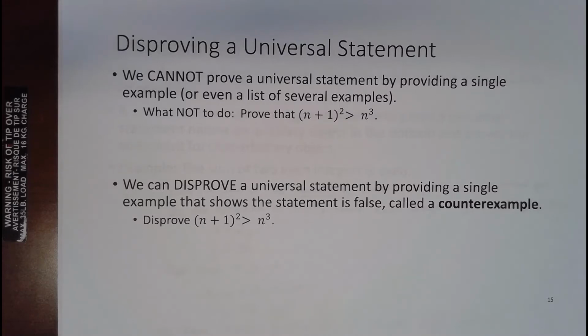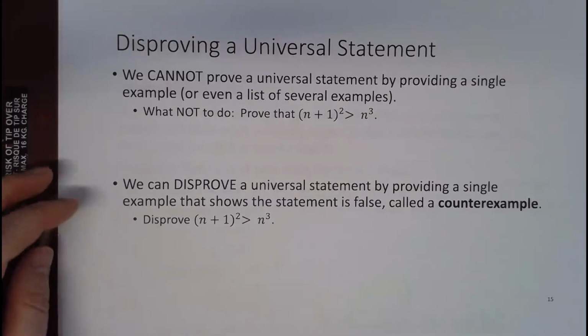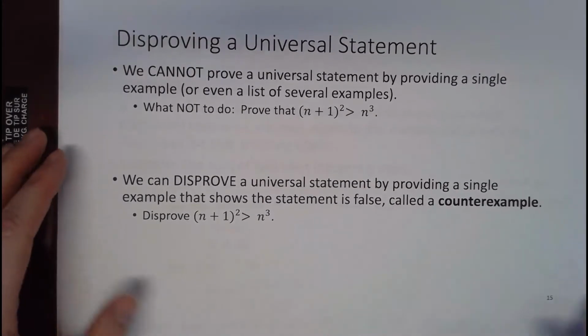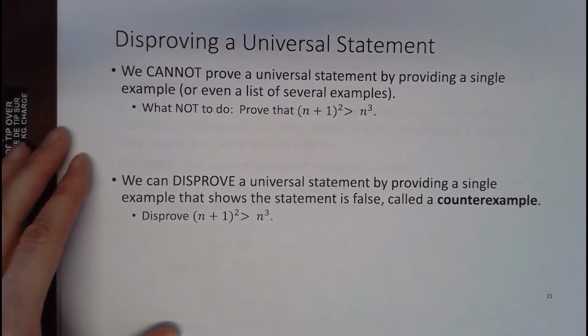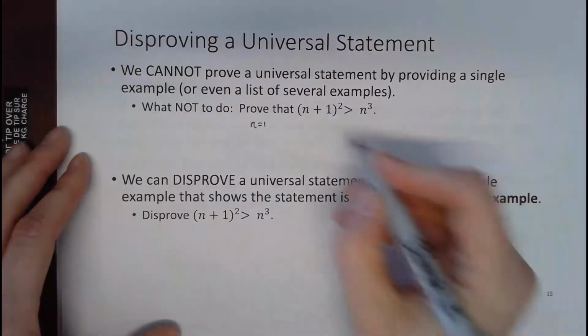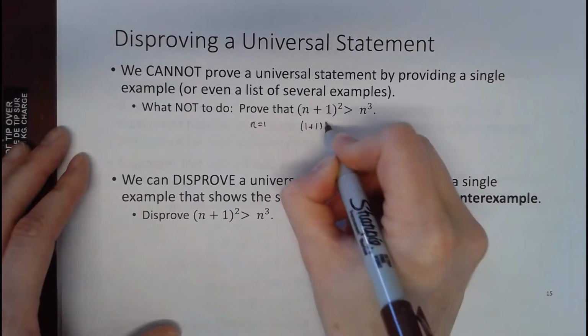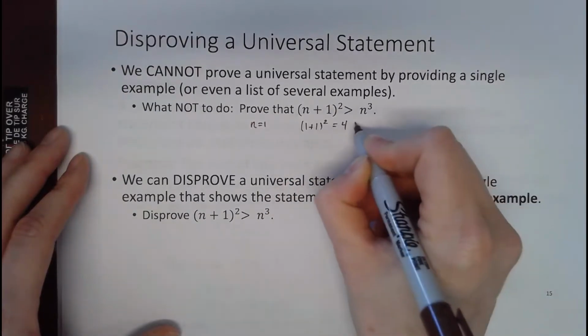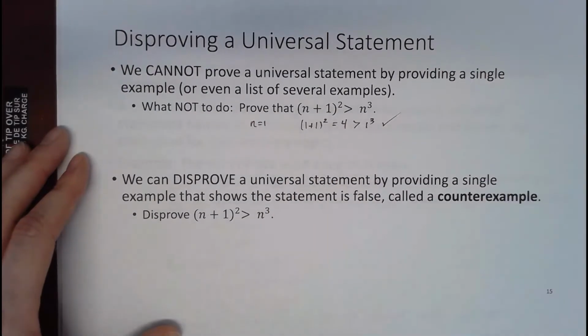Let's say we wanted to try to prove that n plus 1 squared is greater than n cubed. We kind of looked at this example last time. Let's just start thinking about it. When n is equal to 1, I would have 1 plus 1 squared, that's 4, and that's greater than 1 cubed. That works.